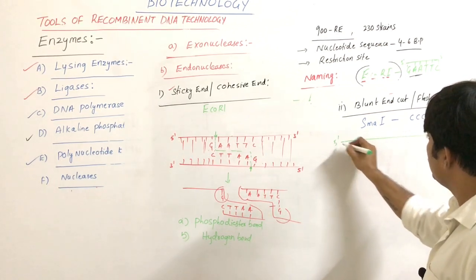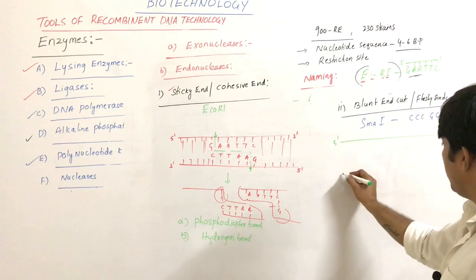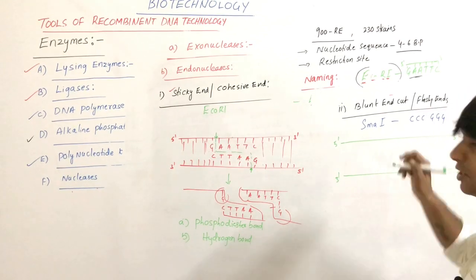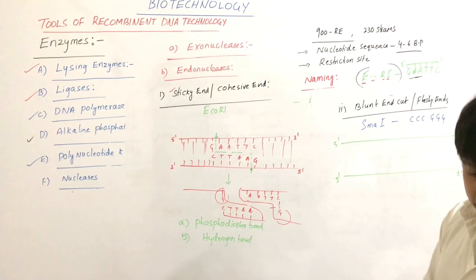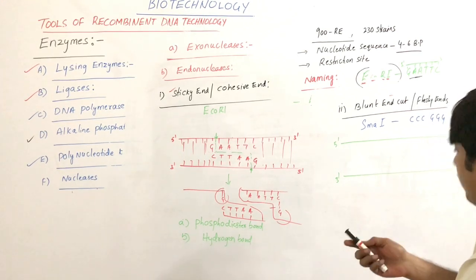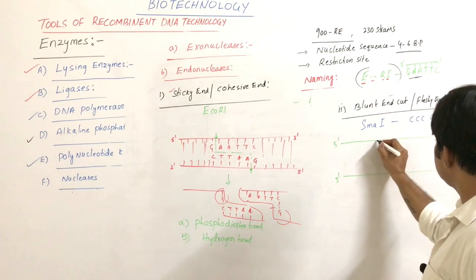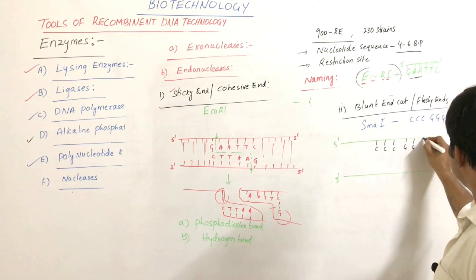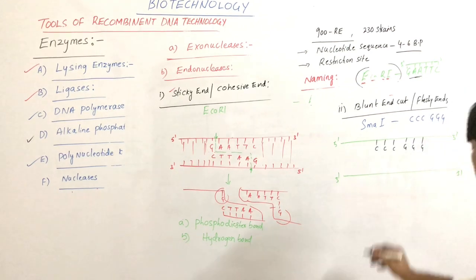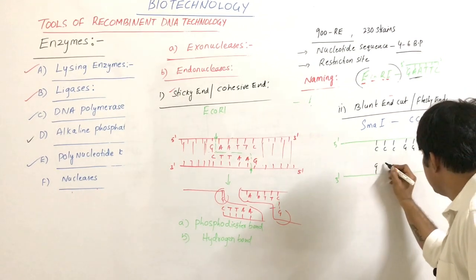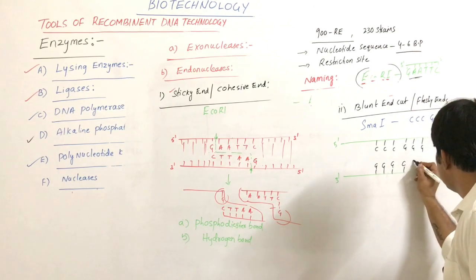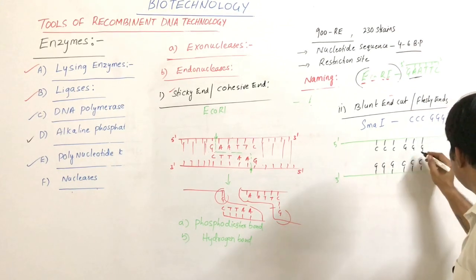So this is the 5' to 3' and 3' to 5' end of the DNA strand. In this DNA strand, this is CCC, GG, and this is GG, this is CC.